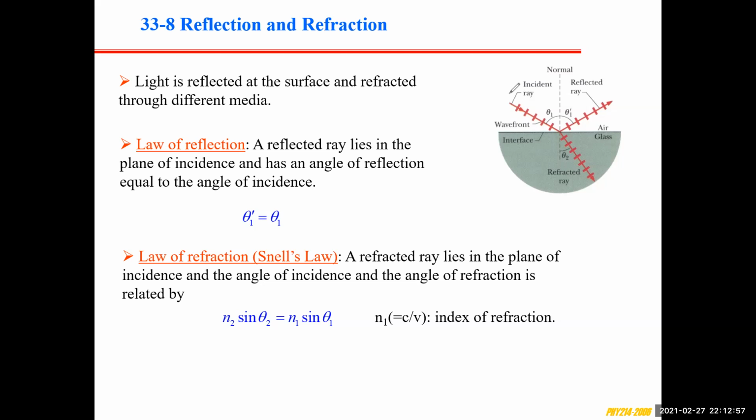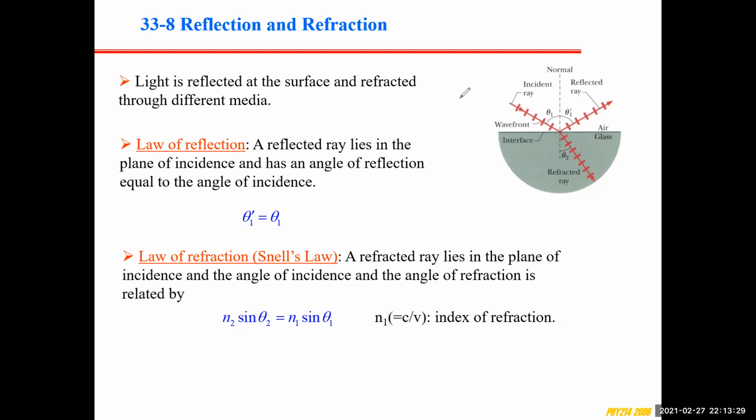The white space indicates air, and the green indicates, let's say, glass. This horizontal line we call the interface, the interface of two different materials, one air and one glass. And we draw the vertical dashed line here. The vertical dashed line we call the normal, and it is basically a reference line.